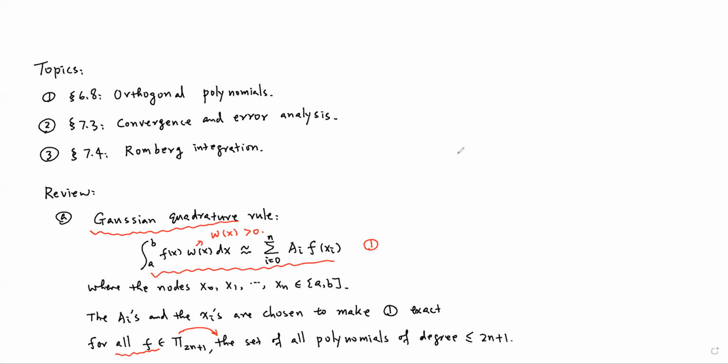One approach is plugging in the basis polynomials. Polynomials of degree not greater than 2n plus 1, so there are 2n plus 2 basis polynomials.